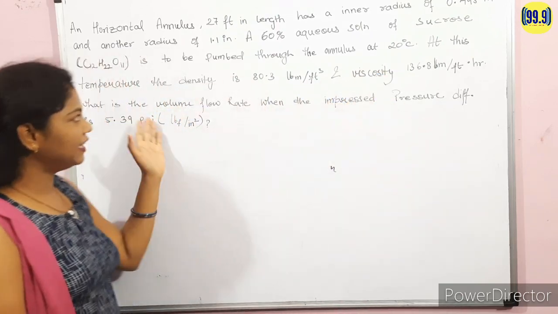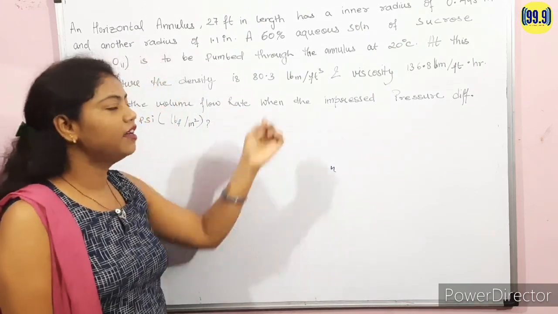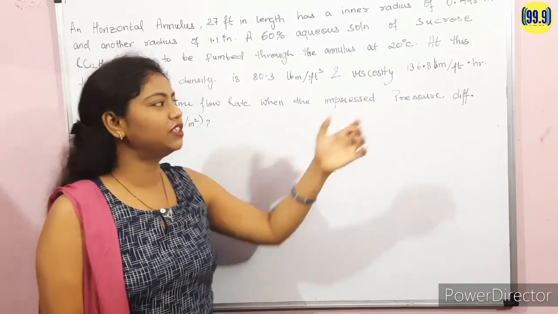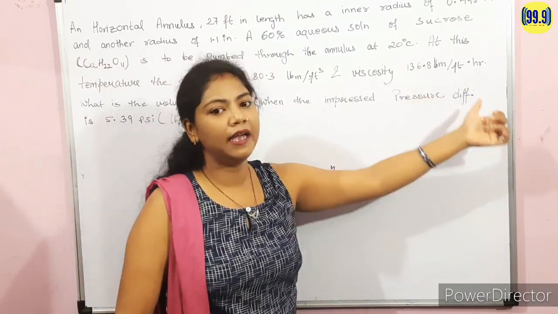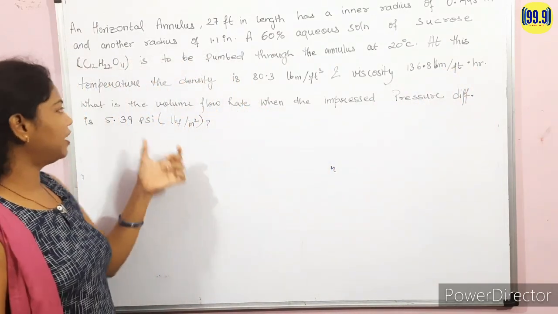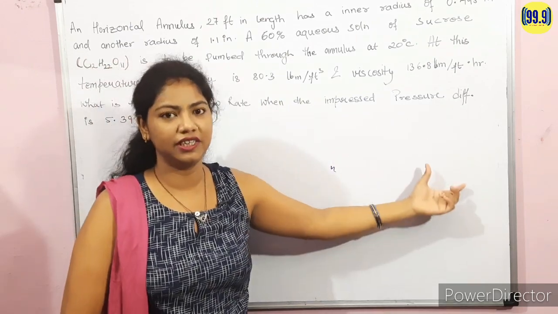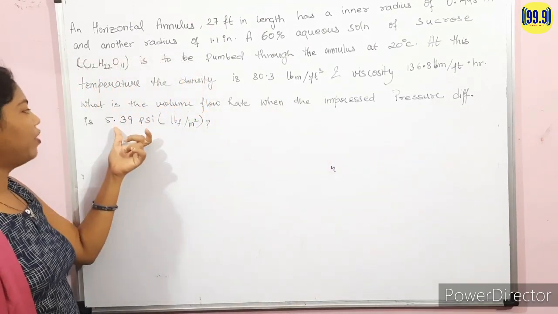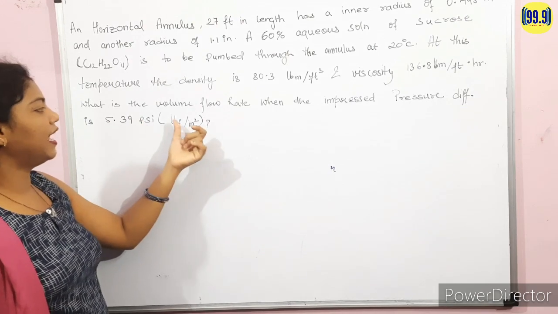At this temperature, the density is 80.3 lbm per feet cube and the viscosity is 136.8 lbm per feet hour, okay. We have to calculate the volume flow rate when the impressed pressure difference is 5.39 psi, or 5.39 lbf per inch square.